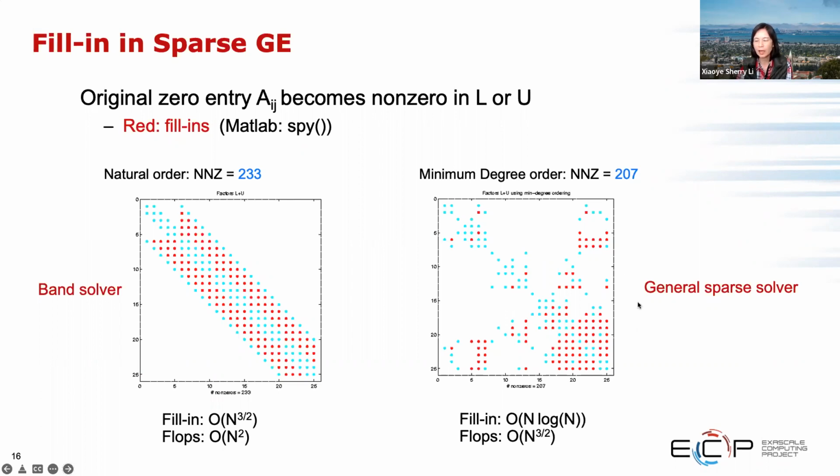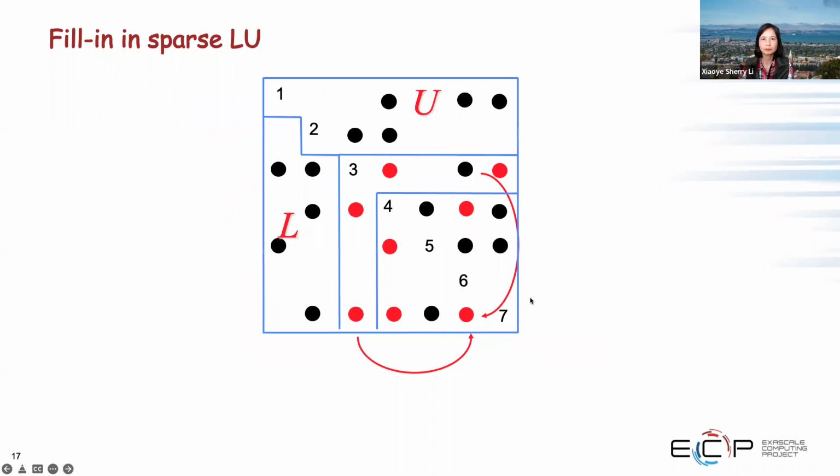And you can show that for 2D discretized problems, actually for many planar graphs from finite difference applications, the fill in 2D is order of n log n. It's much better than n to the 3/2, and the flops are also reduced. So it's a big benefit if you can shuffle your matrix order.